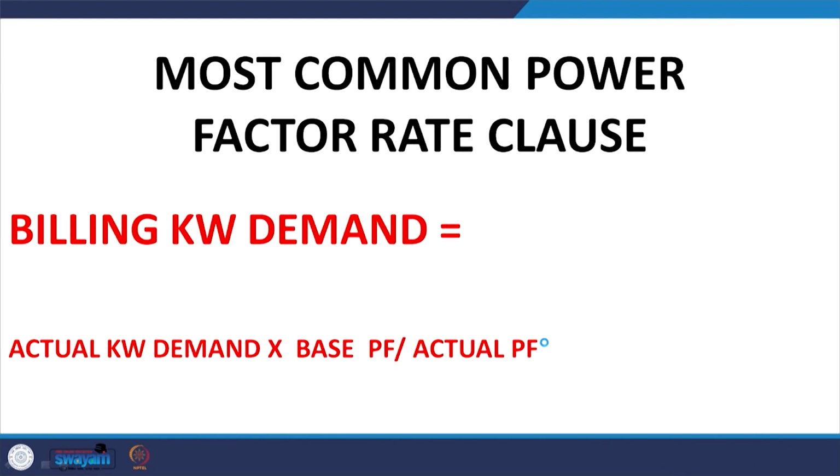So, most of the common power factors and the rate cut clause are very important for power quality improvement from the consumer point of view, because if you are working in an industry, you want to cut your electricity bills.